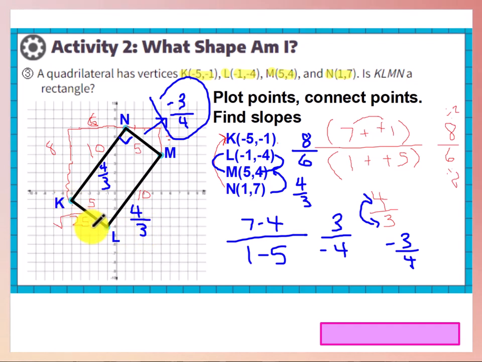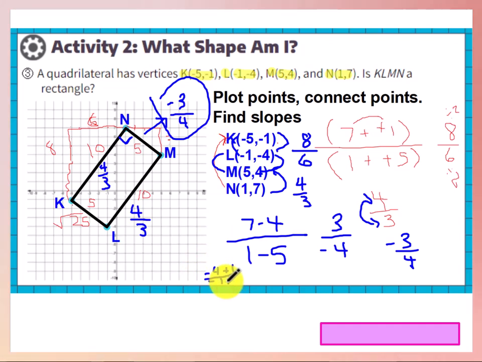Now one last segment, KL. Negative 4 minus a negative 1 is negative 4. When you subtract a negative, you're adding a positive, over negative 1 minus negative 5.